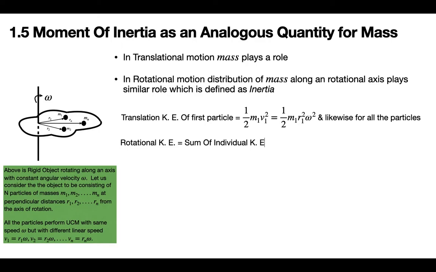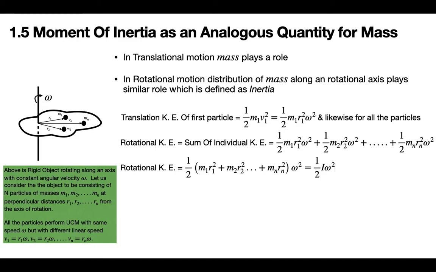And the rotational kinetic energy is a sum of the individual kinetic energies. So you can sum it: half m1 r1 square omega square plus half m2 r2 square omega square, like that. So you get the rotational kinetic energy of the entire body.